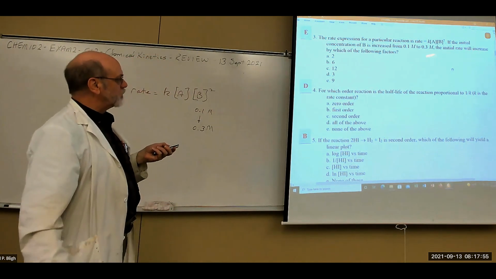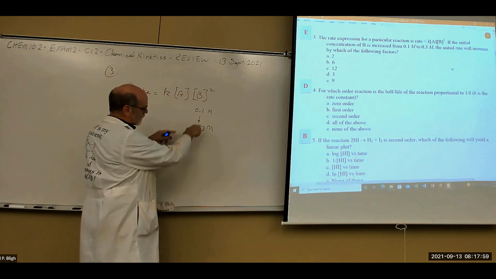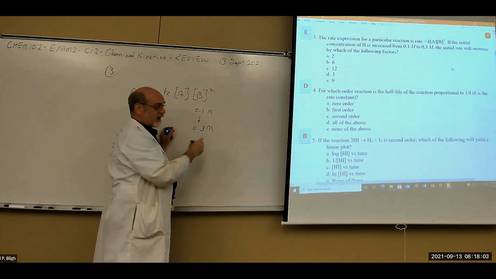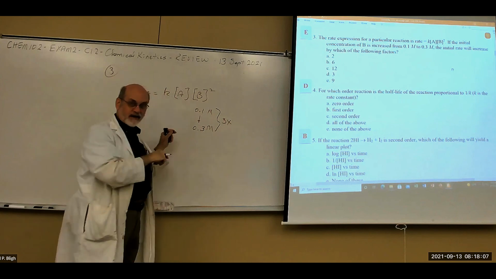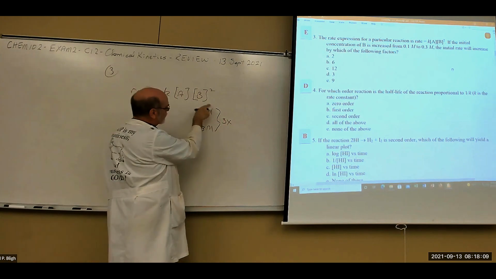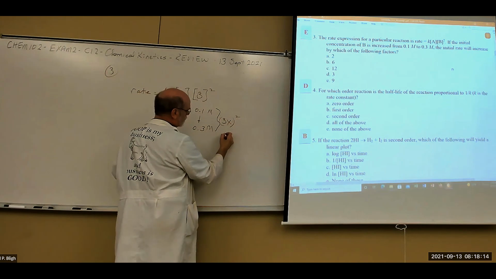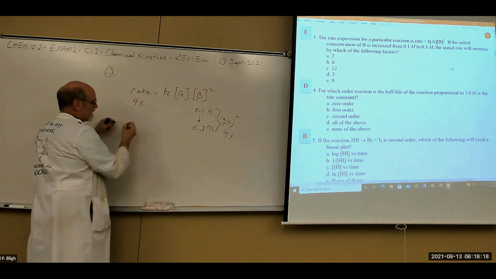The initial rate will increase by which of the following factors? Well, you look at the change here. How many times did this increase? 3 times, right? It increased by 3 times. So the 3 times here is squared, which means the rate is going to be increased by 9 times.